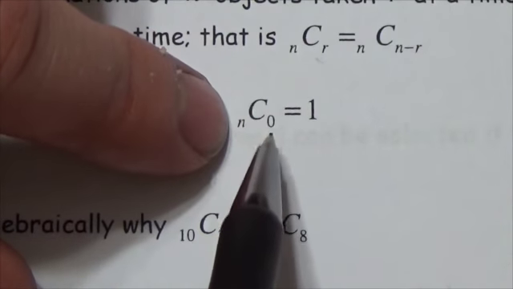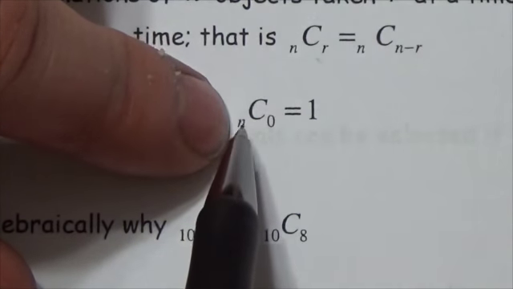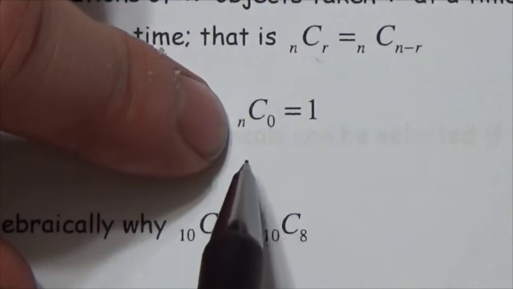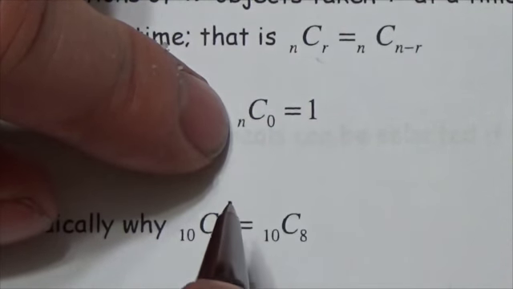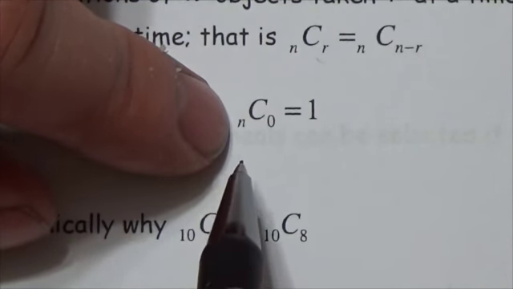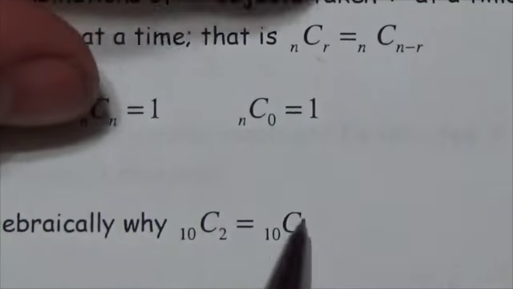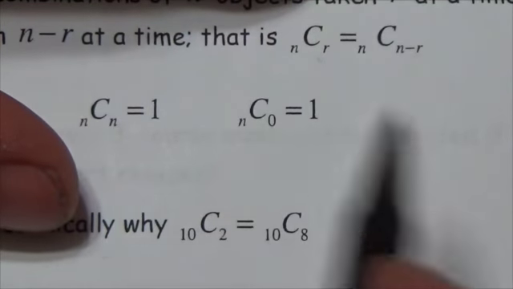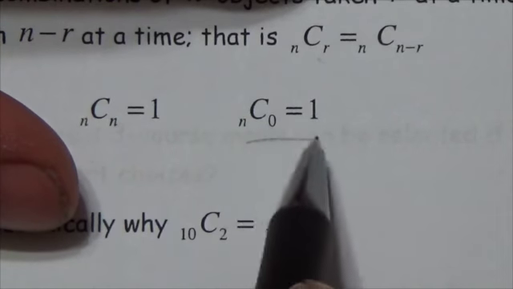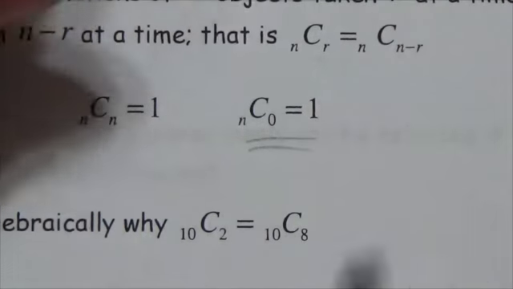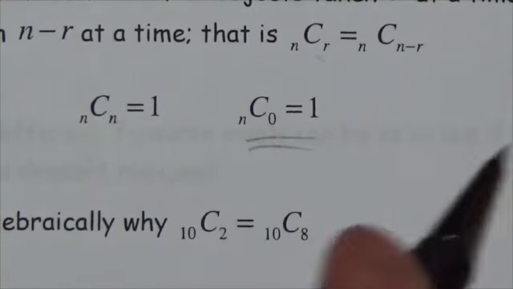How many ways can you look at a group of 10 objects and do nothing? Just the one way, by doing nothing. So n choose 0 is equal to 1.